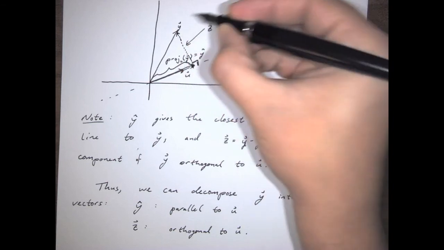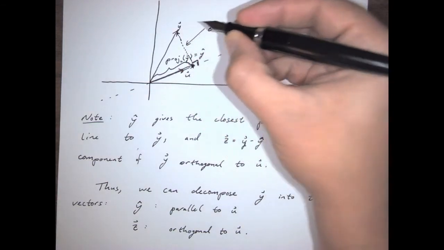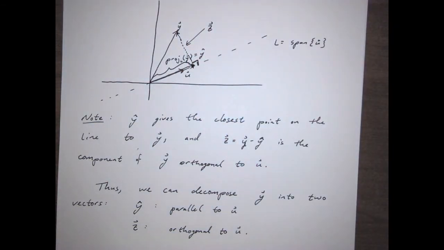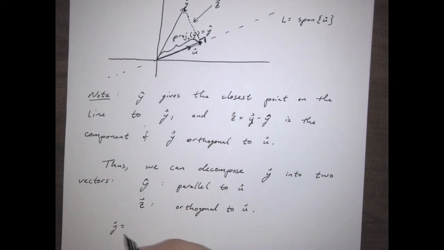It would be the vector that goes from here up to there. And what I mean by decompose is y equals y hat plus z, and that's by the definition of z.